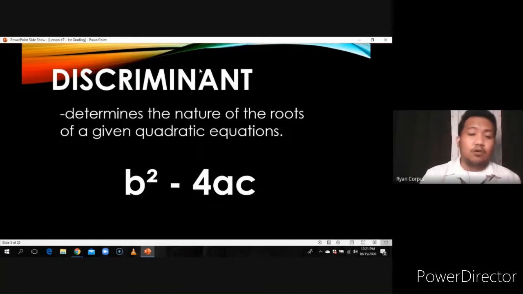For you to get the discriminant, all you need to do is get the values of a, b, and c in the given quadratic equation, substitute them into this expression, then evaluate. Whatever number comes up when we evaluate this will be the basis for finding the nature of the roots.